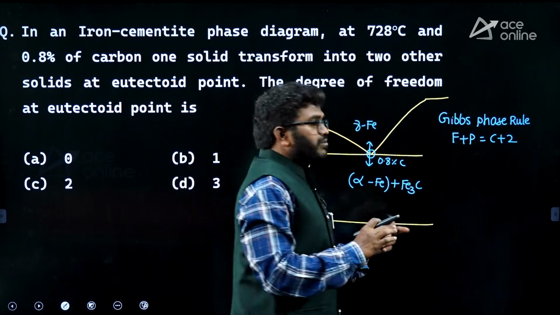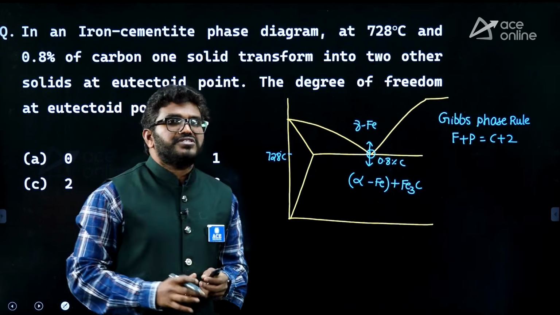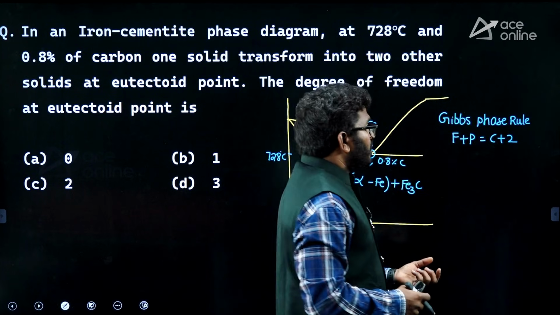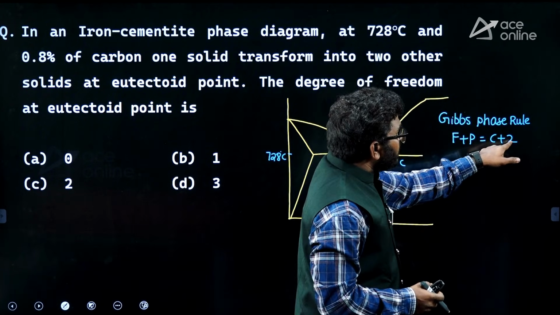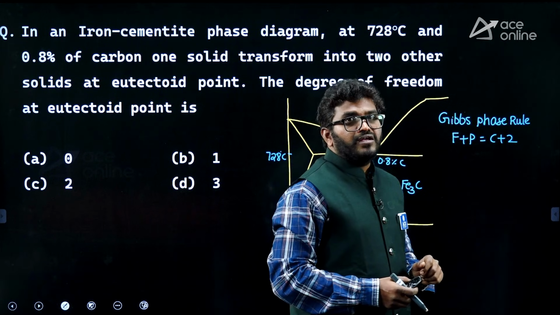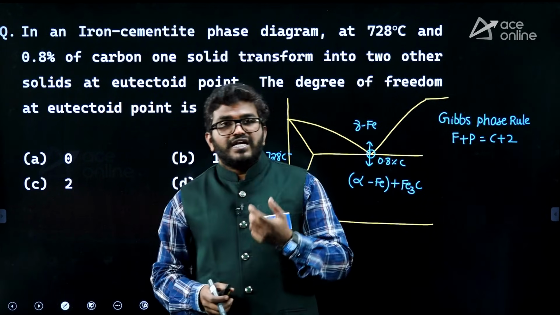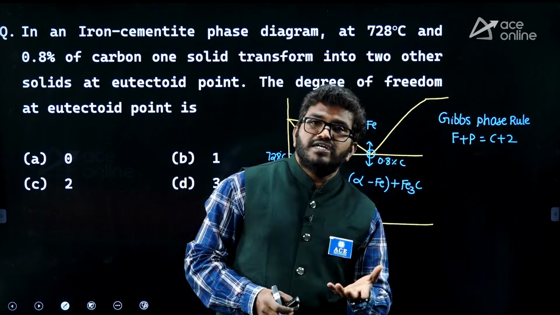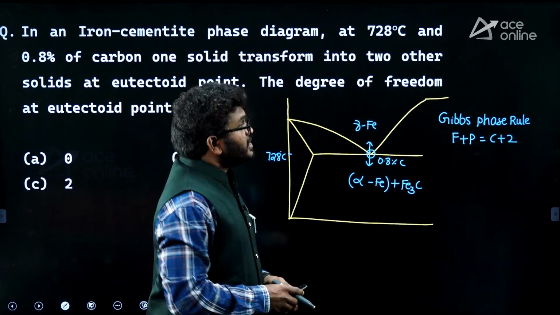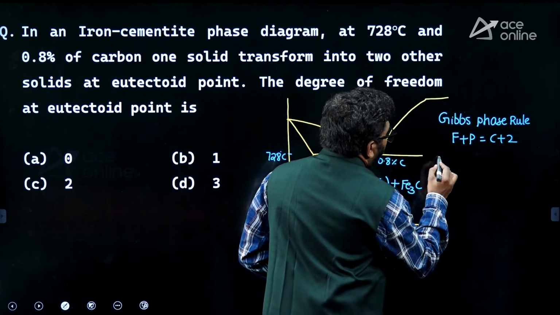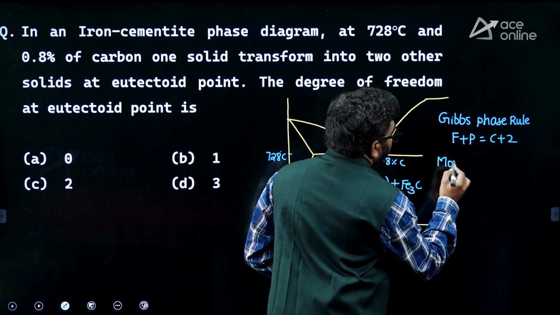This is applicable for water system and carbon system, because water and carbon generate different phases by changing both pressure and temperature. But an alloy generates different phases by changing temperature and chemical composition at constant pressure. That's why we should use the modified Gibbs phase rule.